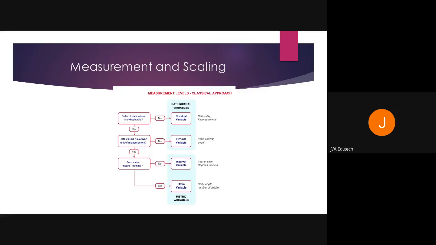The ordinal and nominal variables are divided into a category called categorical variables. So major categories are categorical variables and metric variables. Categorical variables are categories, whereas metric variables are those which can be measured on a scale. So nominal and ordinal are categorical variables, and interval and ratio are metric variables.